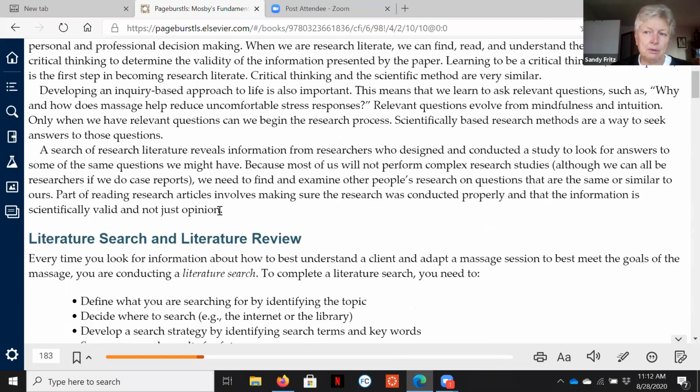It would be odd if any of you had not had to do a research paper in high school or in college. So you've already had the ability to look at this, and you've had some experience with it.